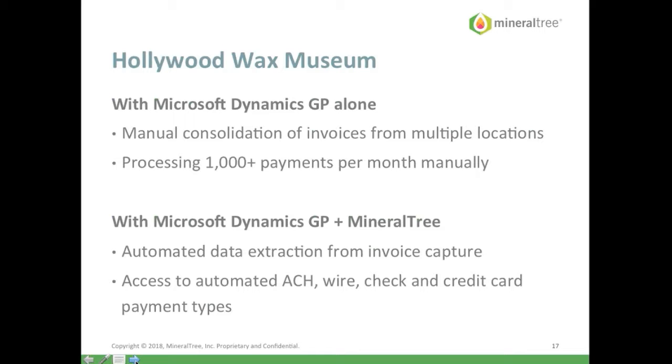They're a Microsoft Dynamics GP user, and they have a few locations, and one of their pains was invoices were coming in from all of these locations. They had to consolidate them. They needed to track what invoices came from what location, if a location hadn't sent their invoice, if something was lost in the mail perhaps.